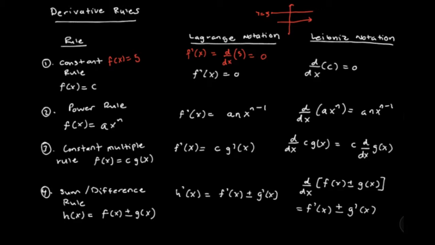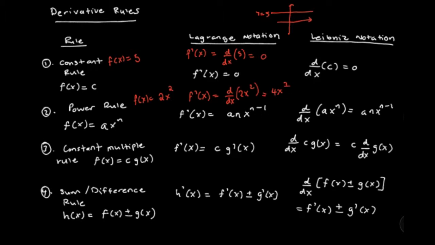Okay, take a look at the power rule. So let's say f of x is equal to 2x to the power 2. The derivative f prime of x is basically the power n times a, which is 2 times 2, which is 4, x, and then we subtract 1 from the power.